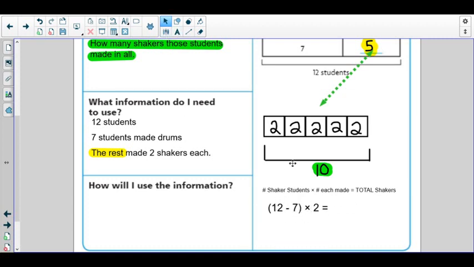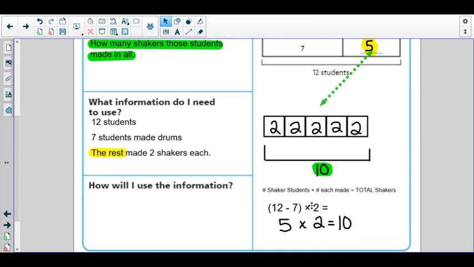If you're able to jump to this point, that's great. If you still need to, just use the bar model, that's okay too. Because what we see right here is 12 minus 7 equals 5, and each of those 5 students made 2 shakers, which equals 10.